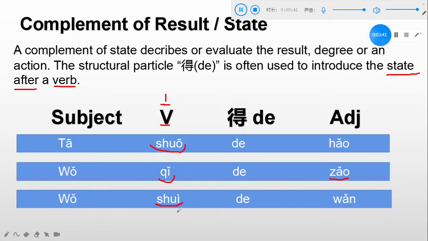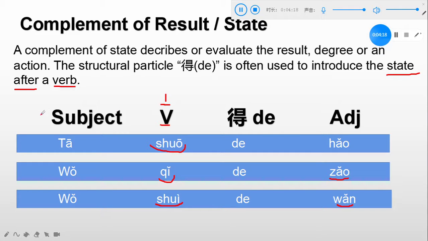So I sleep 晚, which is the opposite word to 早. It means late. So I sleep late. Okay, so these three examples. 跟我读。第一个，他说得好。第二个，我起得早。第三个，我睡得晚。好，these are three examples of the basic sentence structure.